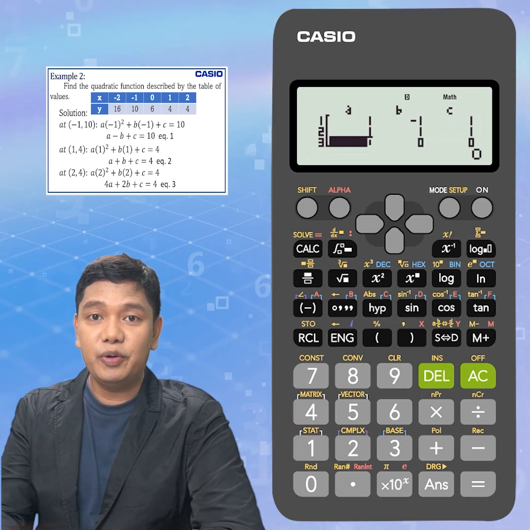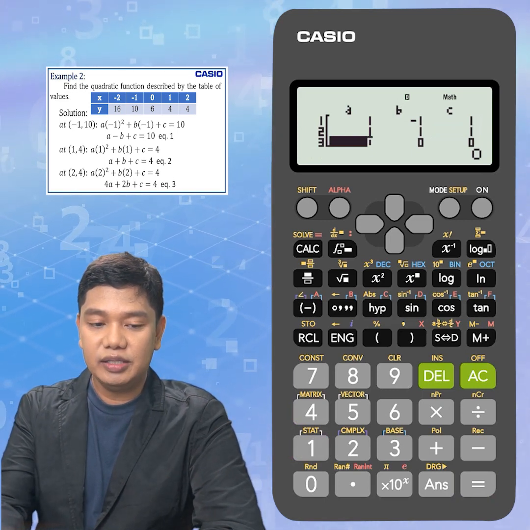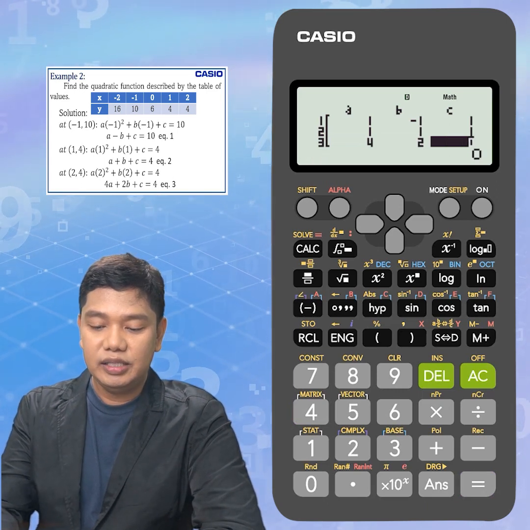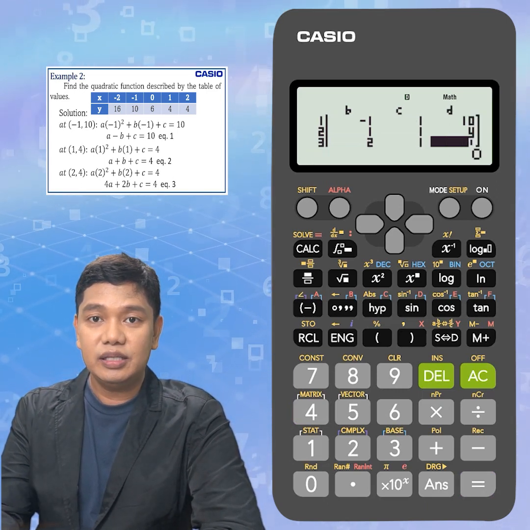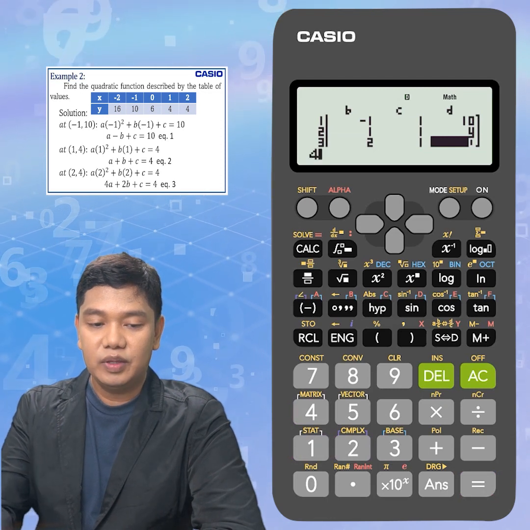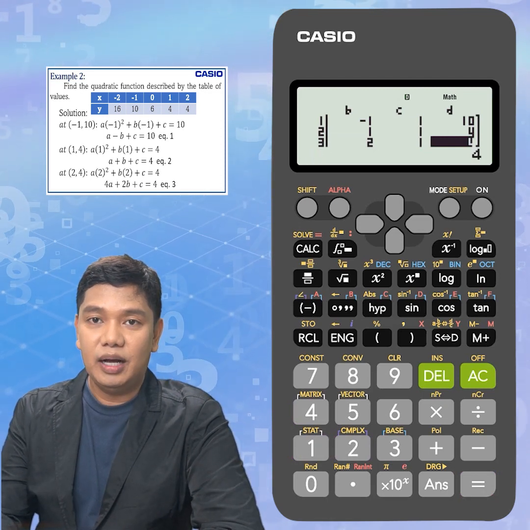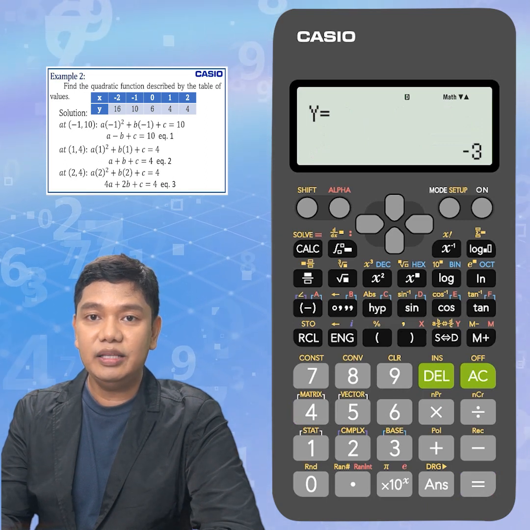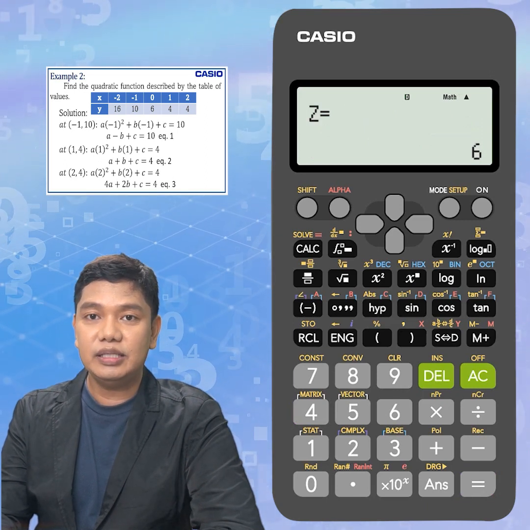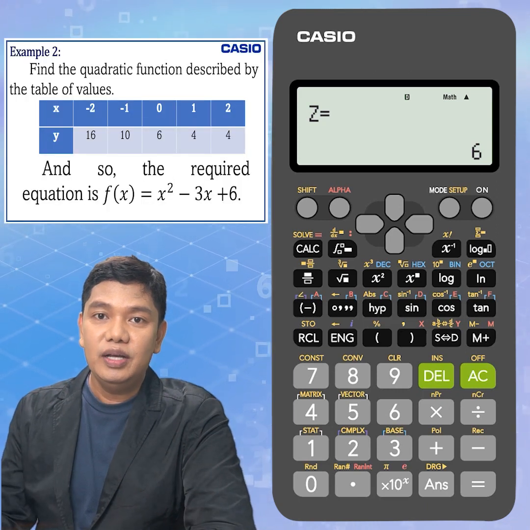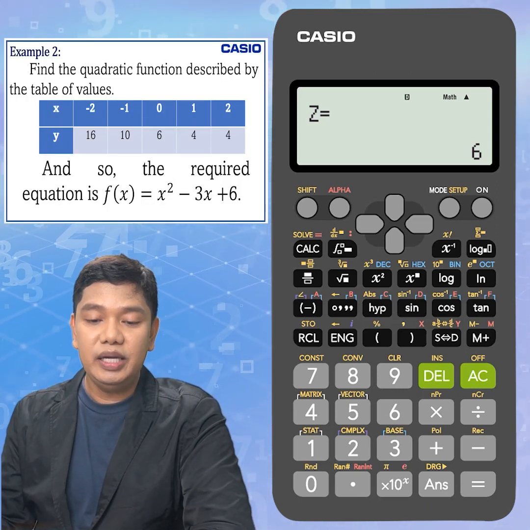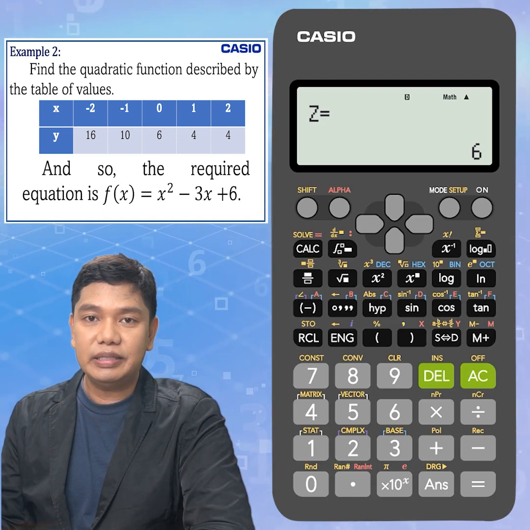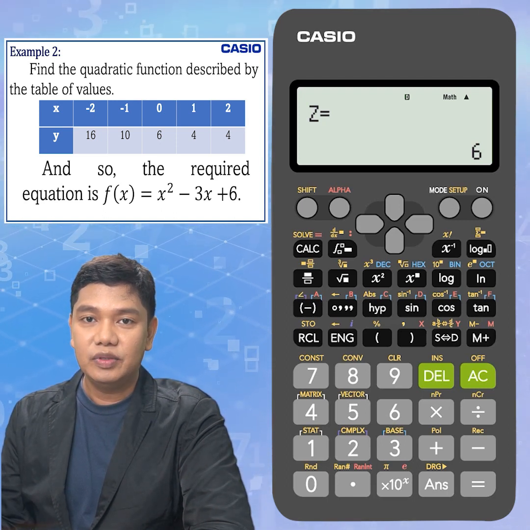Lastly, for the third equation, we have a is equal to 4, b is equal to 2, and c is equal to 1. And the constant term is 4. When we press equals, we have x is equal to 1, y equals negative 3, and z equals 6. And so, the required equation will be f of x is equal to x squared minus 3x plus 6.